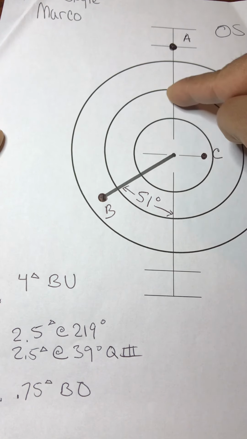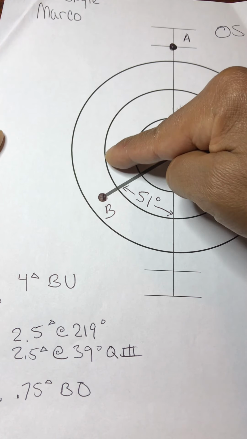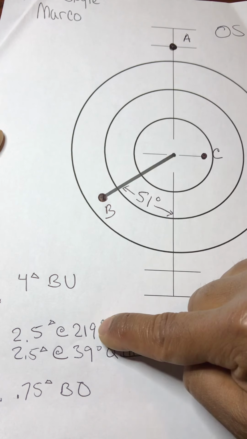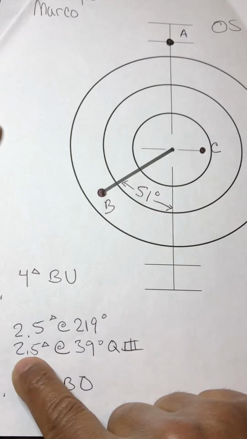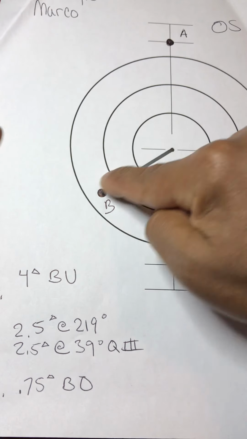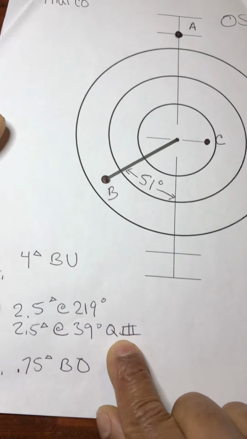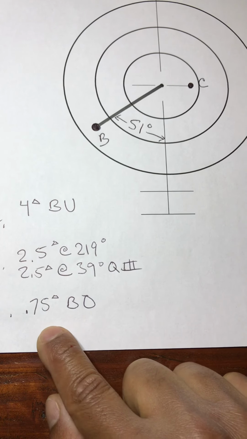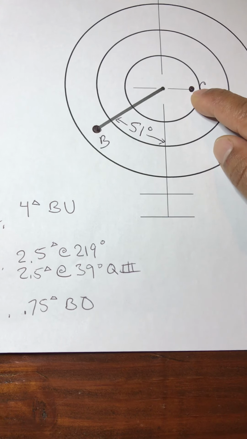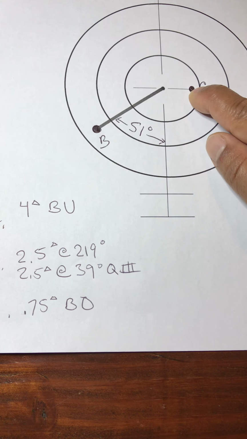So we would have 90, 180, and an additional 39 is 219, or 2.5 at 39, quadrant 3. Last one, C, 0.75 base out, because this was a left lens.